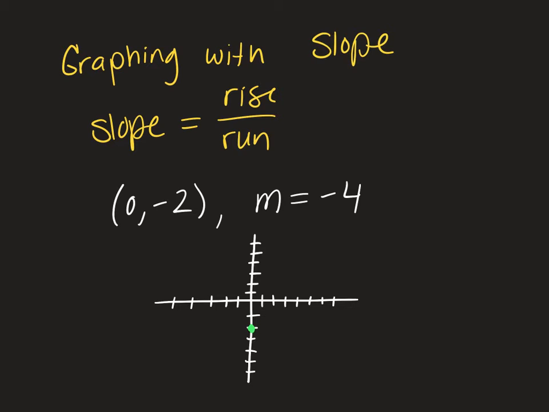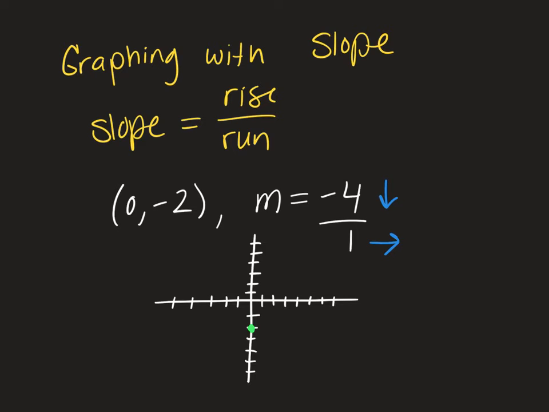Since we have the slope of -4, anytime I have a whole number, I immediately put it over 1, just so that you remember to go over instead of just going straight up. The top number, if it's positive, you go up, negative, you go down. So from our green point, we're going to go down 4 and right 1.